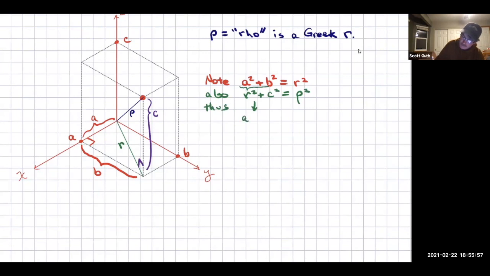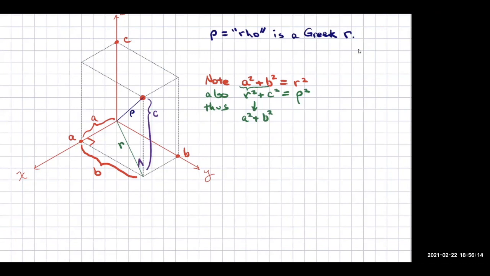So those can combine and just say thus, A squared plus B squared. What's the rest? Combine the two, what do you get? Plus C squared equals rho squared. Right.